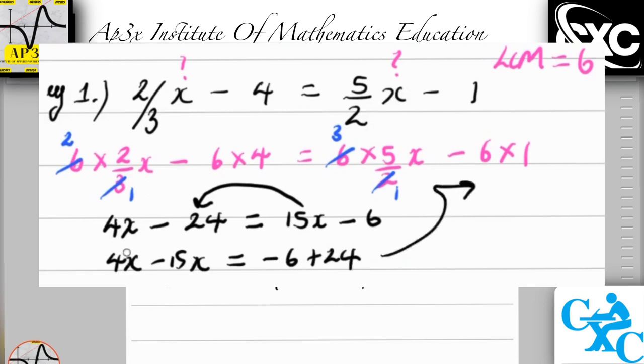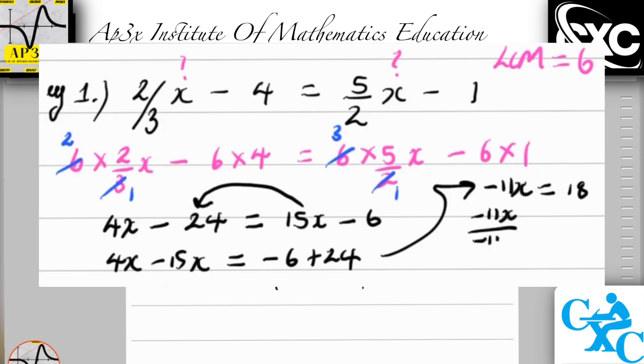So therefore, we're going to have 4x minus 15x is negative 11x, which is most times what I want to avoid, especially when it's an inequality. I do not want to have to deal with a negative coefficient. Nevertheless, that's what we have now, and that's going to be equal to negative 6 plus 24, which is equal to 18. Now to split the product between the minus 11 and the x, we're going to divide both sides by minus 11.